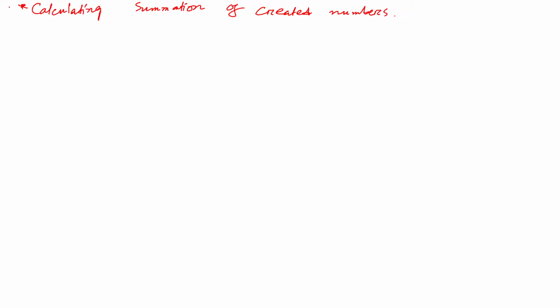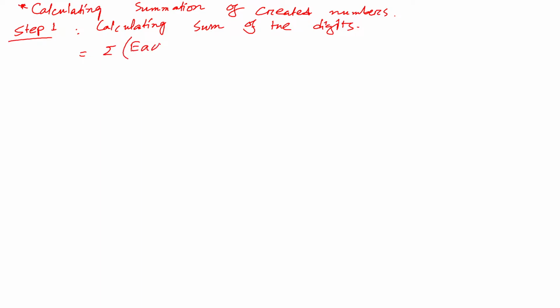So its step one would be, what was the step one? It was calculating the sum of the digits. That would be equal to the summation of each digit times repetition of that digit.